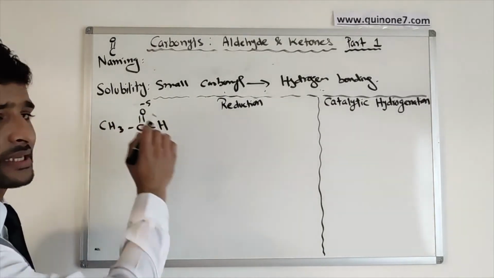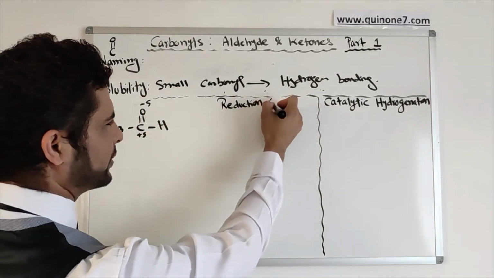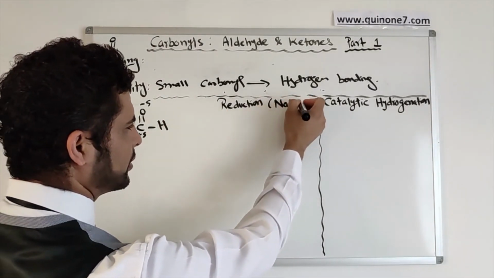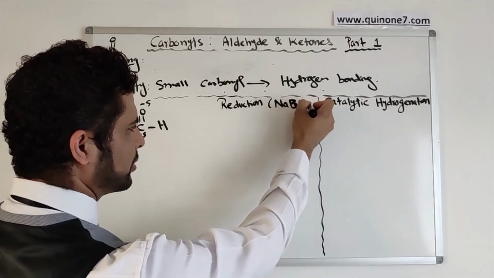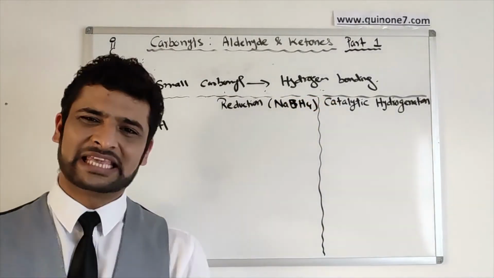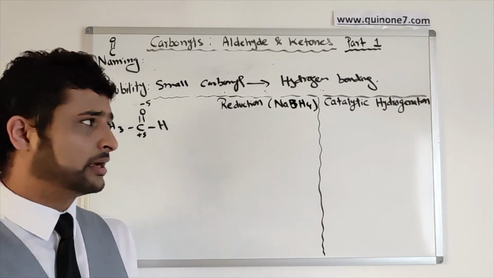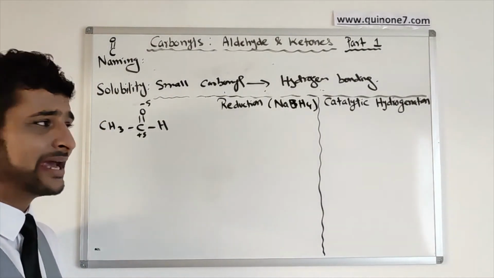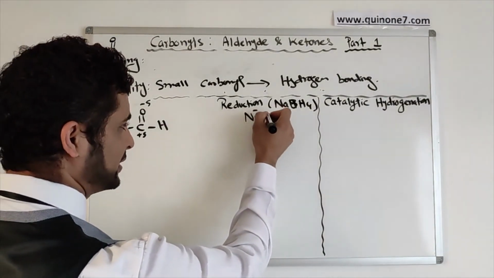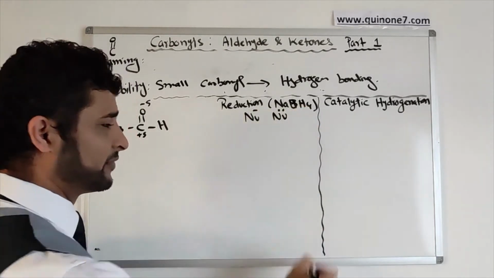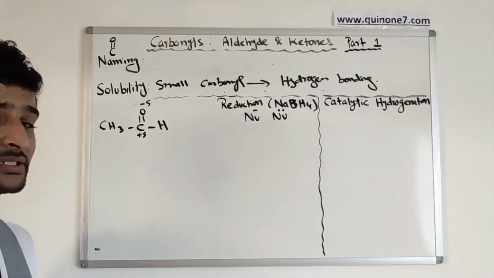Now, if this is the case, you need to use some sort of reagent which will give you a nucleophile. A nucleophile is a species which carries a negative charge or has a lone pair of electrons. Any of them will be considered a nucleophile.